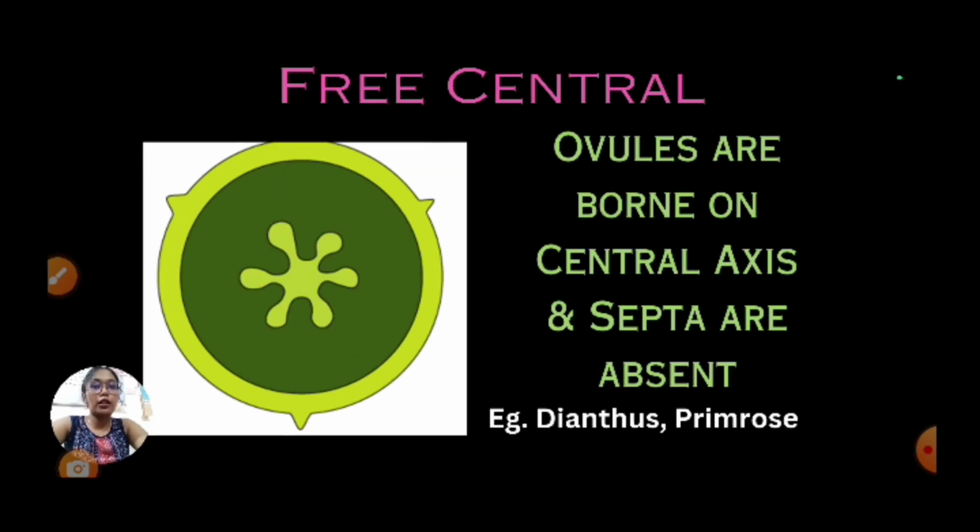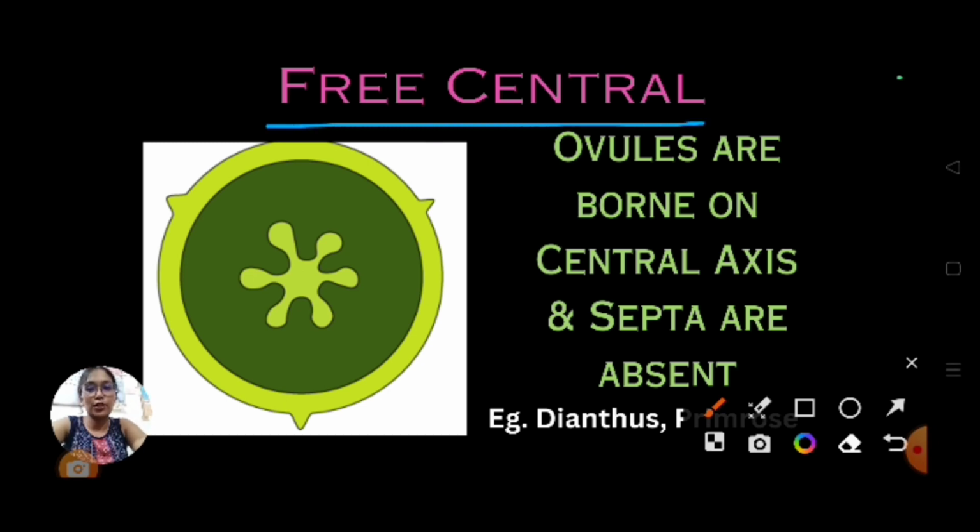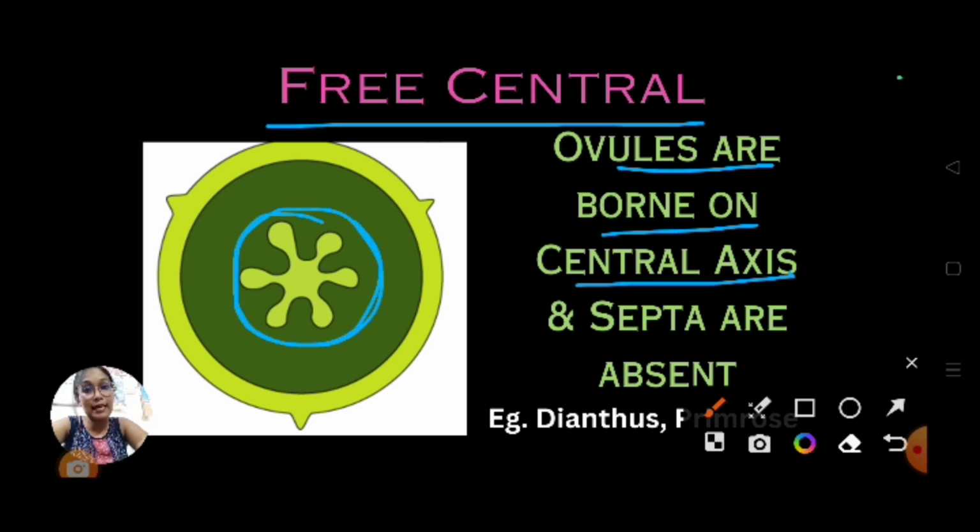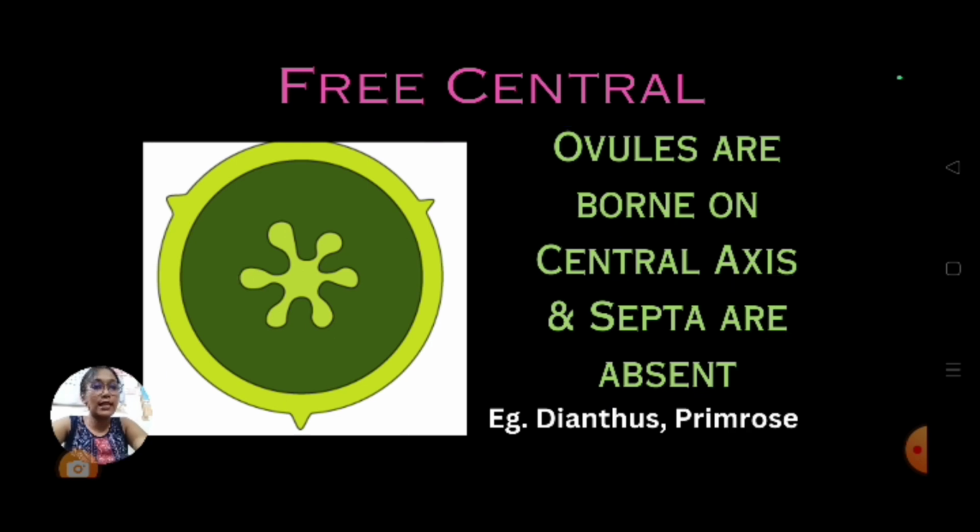Now moving to the fourth type of placentation, that is free central placentation. Free central, in which ovules are borne on the central axis. So ovules will be present in the center, the central axis, and septa are absent. Here there is no septum, no locule. This type of placentation we can see in dianthus and primrose.